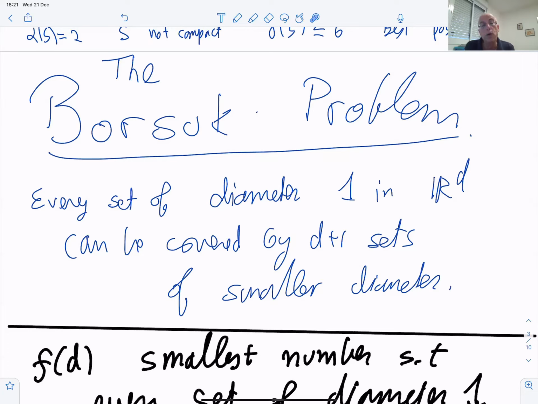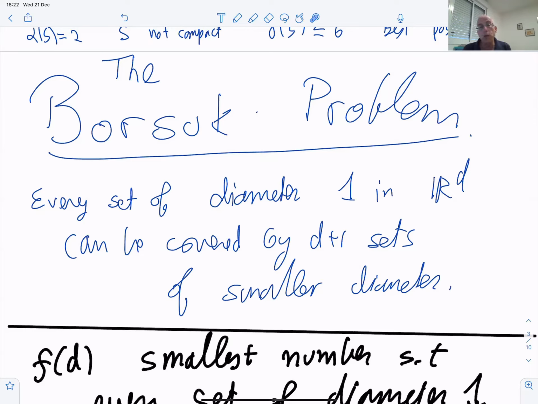So this means that if you cover it by d sets, then the diameter of one of these sets is at least 1. And this example is very different in nature from the d plus 1 points. And it's a very nice example. First of all, it's a deep theorem in topology that this is the case.